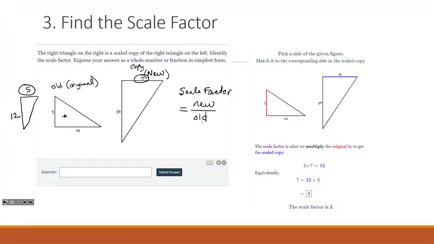So what we can do is take our new side, which is 15, and divide it by the side that corresponds, which is 5. And 15 divided by 5 is 3. We could have also taken 36, which corresponds with 12. 36 divided by 12 gives us what? 3. And that is your scale factor.